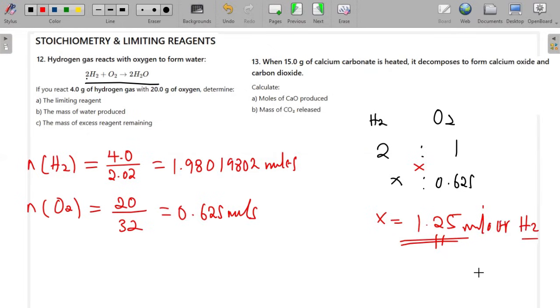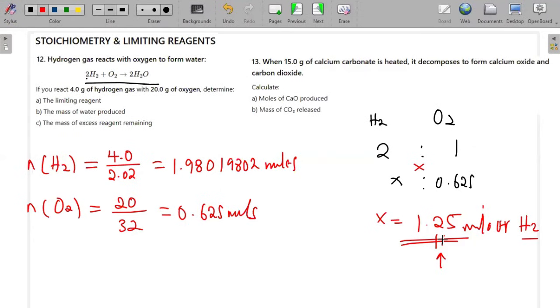Now when I look at what I have in my equation, you see that the moles of hydrogen that I have are 1.98 something, which is greater than the 1.25.